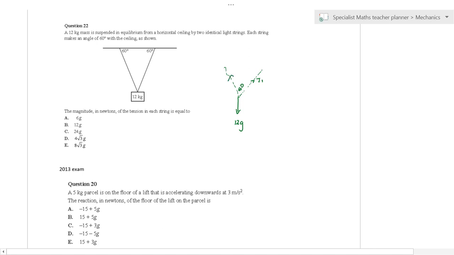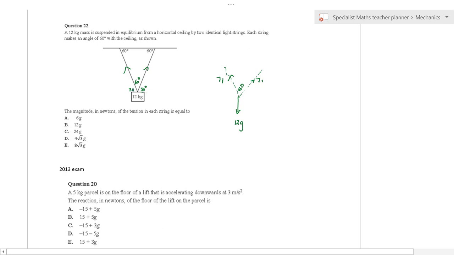Because they share the same angle, 60, 60, 60, what's that going to be there? Sort of 30 degrees?